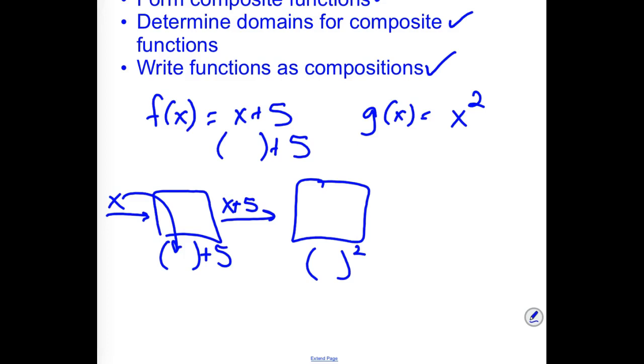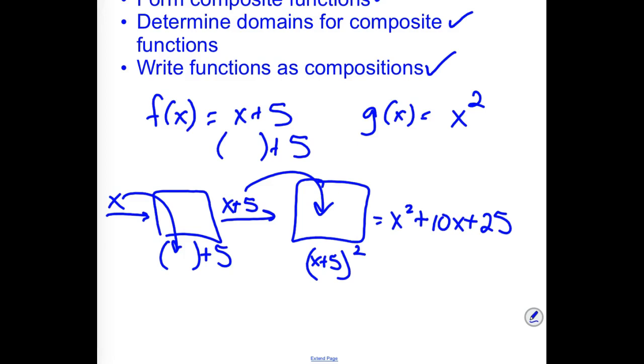Okay? Then that function is going to get dumped into that one. That function box is taking my value that I dumped in, and it's going to square it. What's it going to spit out? What do we get when we take x plus 5 and square it? x squared plus 10x plus 25, right? x plus 5 times x plus 5.